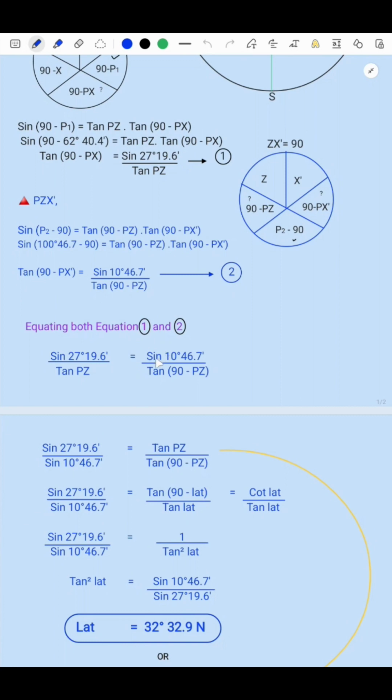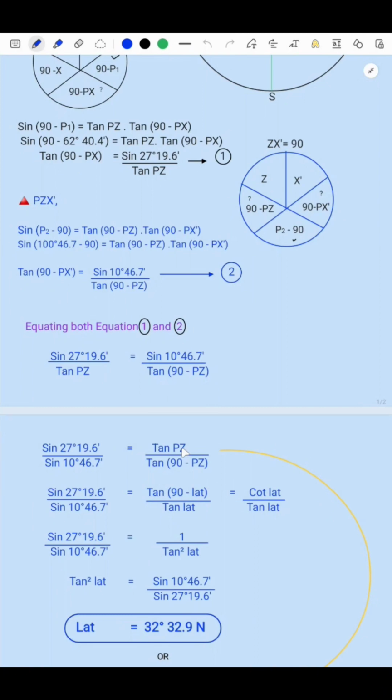Then we do the cross multiplication, this comes here and this goes here. So sine 27 degree 19.6 divided by sine 10 degree 46.7 is equal to tan of PZ divided by tan of 90 minus PZ.